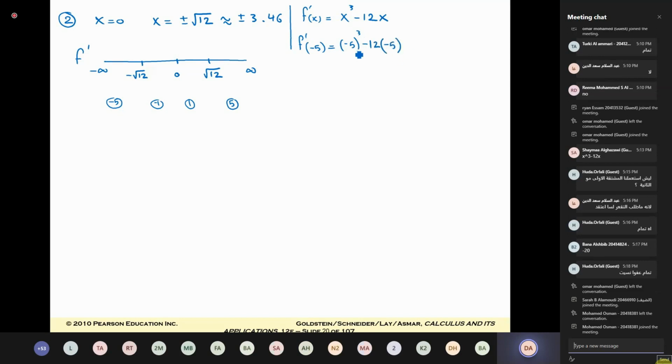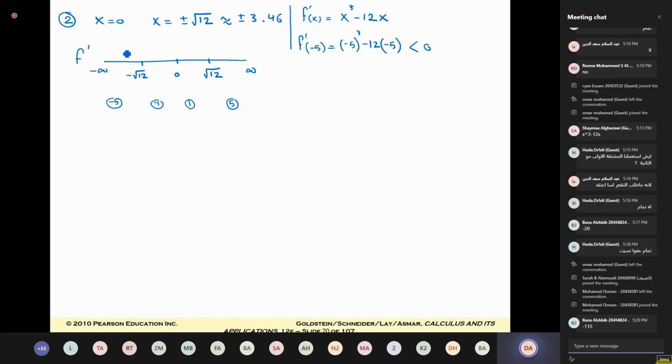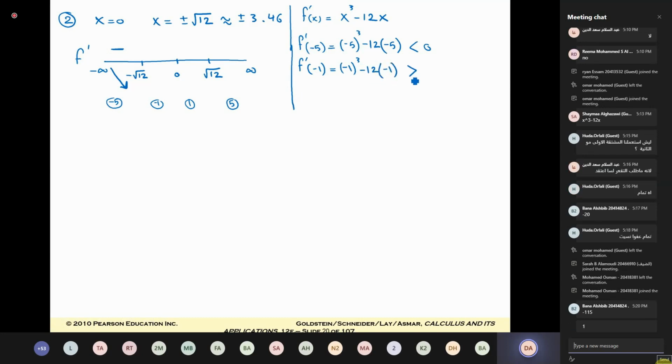So we have negative 125 plus 60, so this is negative. So negative, this is down. The second value, substitute f prime of negative 1. We have negative 1 to the power 3 minus 12 negative 1. So this is negative 1 plus 12, positive. So this is up.